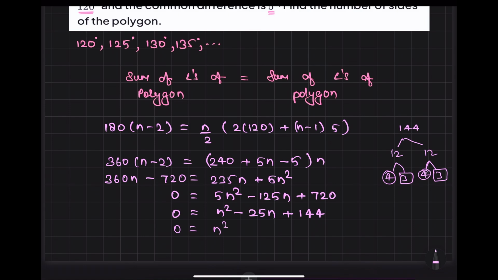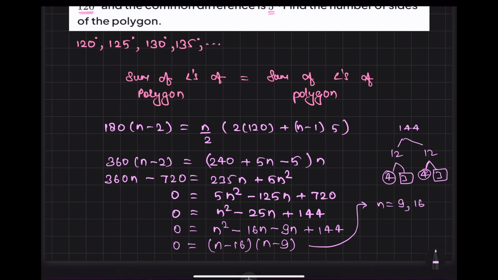So n square minus 16n minus 9n plus 144. So can I write n minus 16, n minus 9, and can I say that n is equal to 9 or 16? So one of the answers is correct.